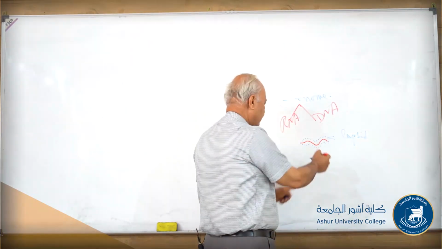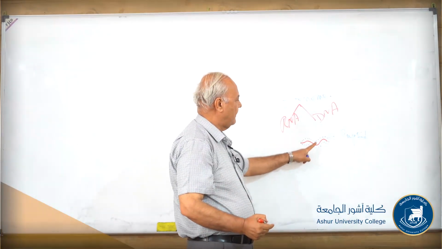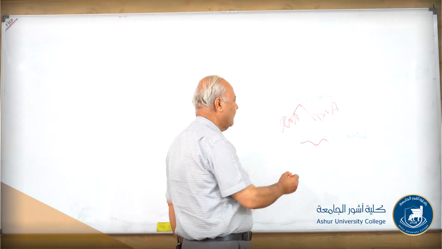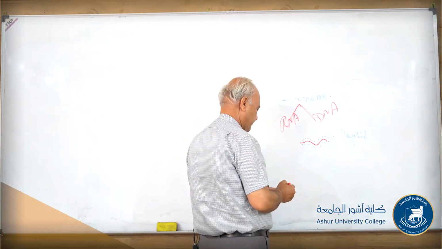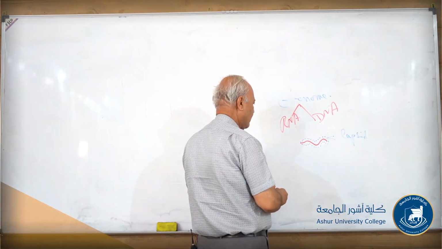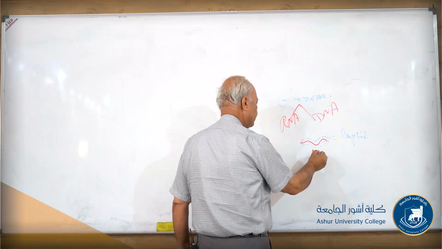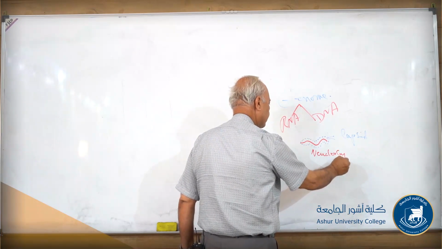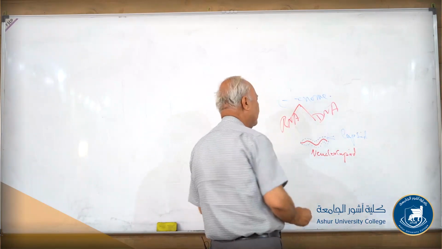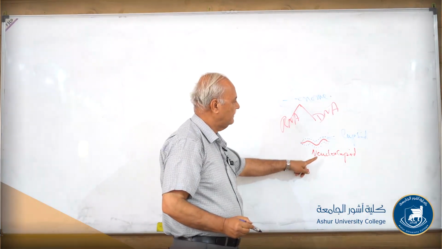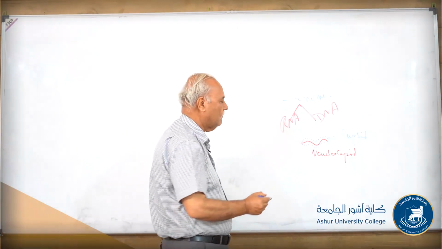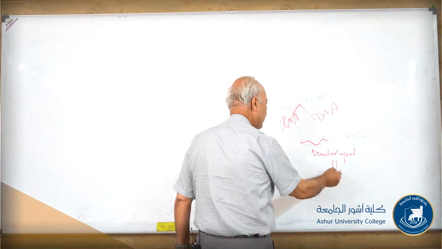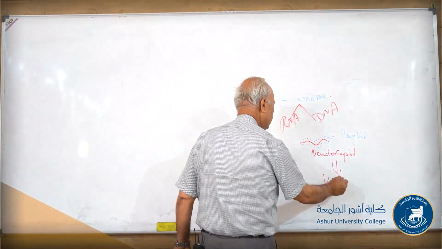The DNA or RNA with the protein is called the nucleocapsid. This nucleocapsid is the active form, which is called a virion.